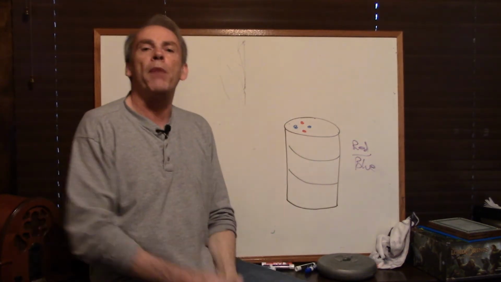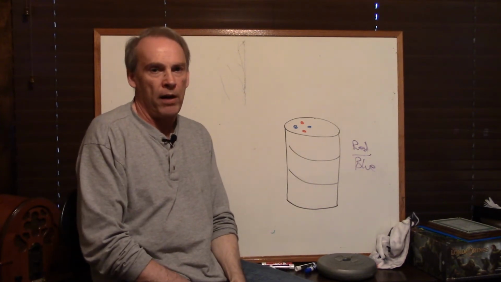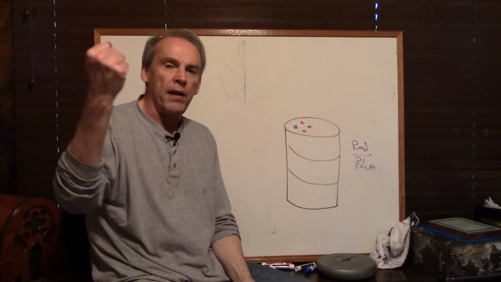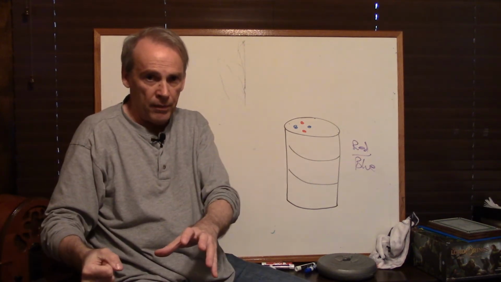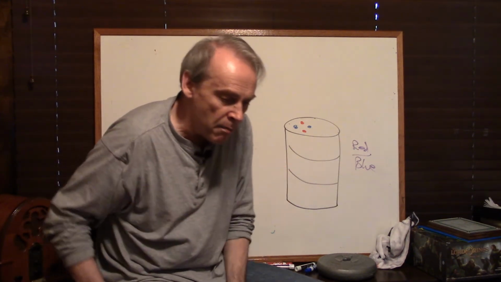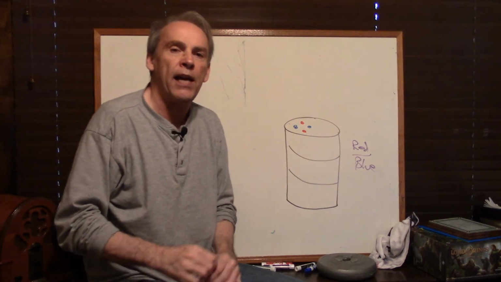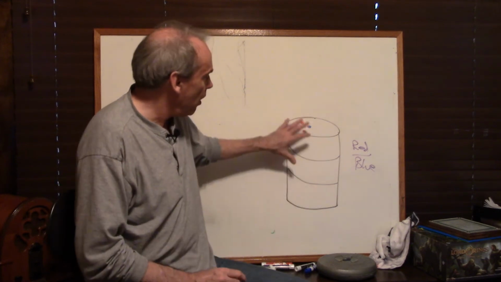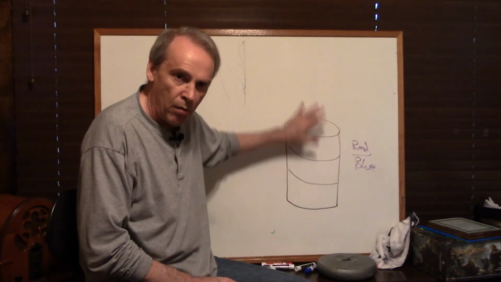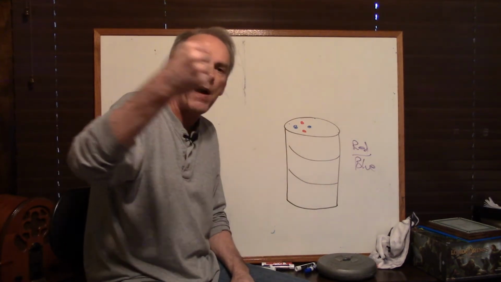But you don't have time to dump them out and count them all out, right? So you're going to take a measuring cup and dip it and pull it out and use that as your sample. All right, that's the method by which you are trying to get an estimate. So you're trying to get estimates of the population. The population is the whole barrel, and what you scoop out is an estimate.